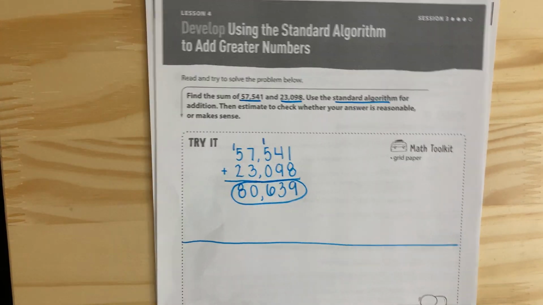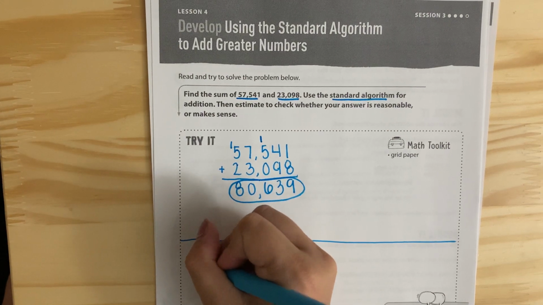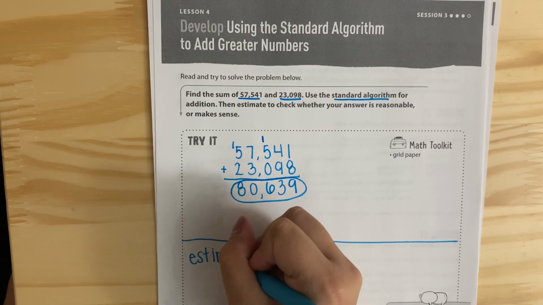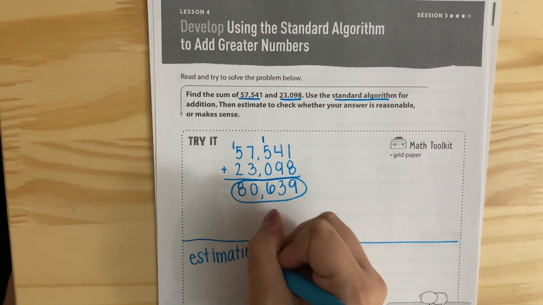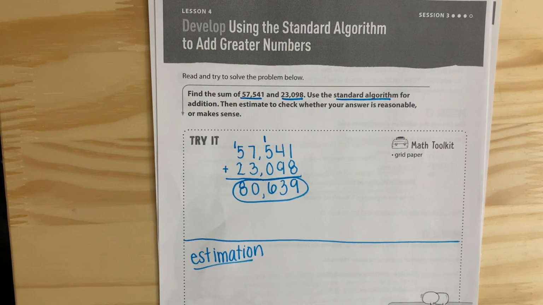This is the sum of 57,541 and 23,098. But we need to do an estimation. And like I said, estimation has to do with rounding to check our answer. So we're going to round these two numbers to the nearest 1,000, okay?